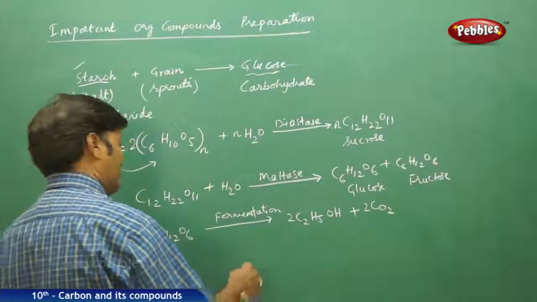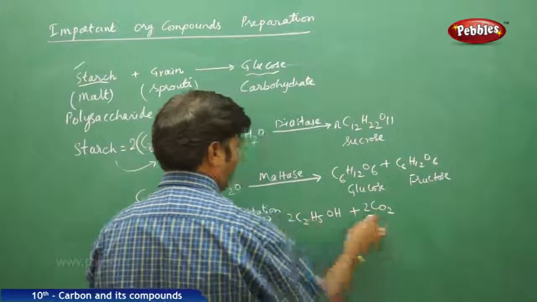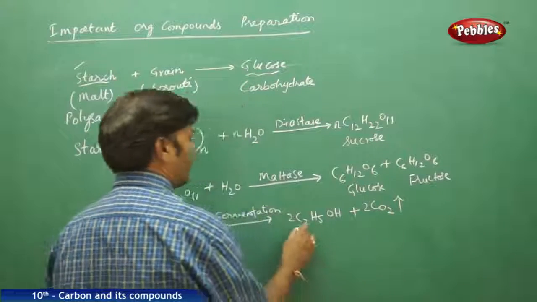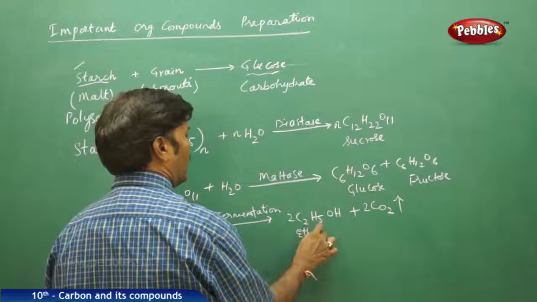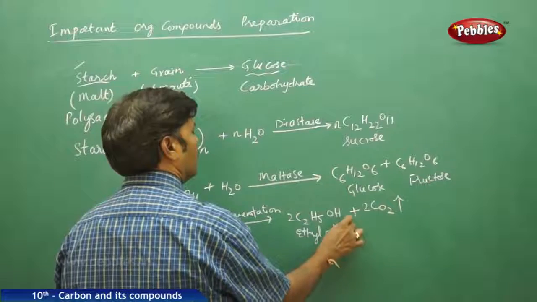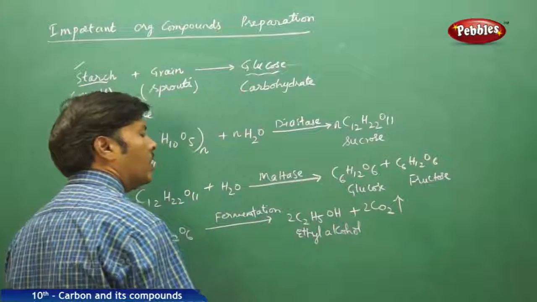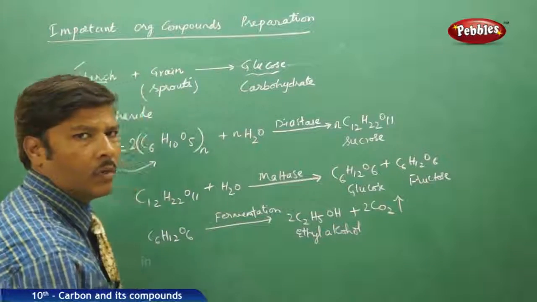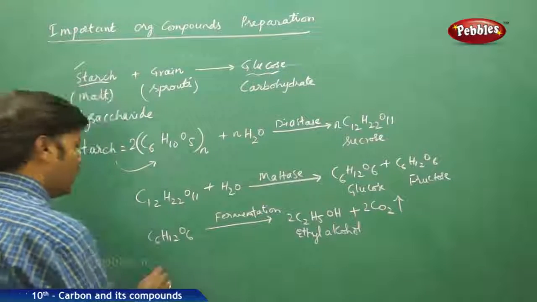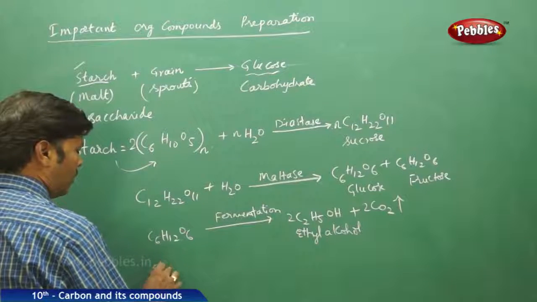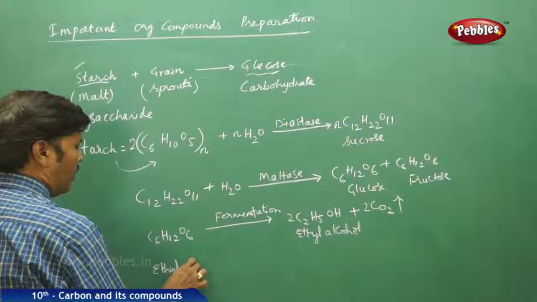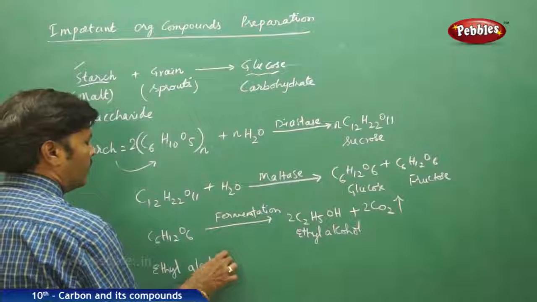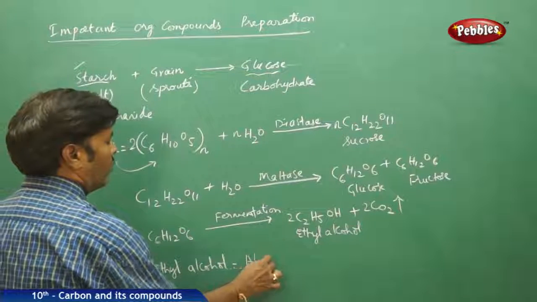Carbon dioxide is the byproduct, and here you got ethyl alcohol. This is a simple method of preparing ethyl alcohol. We also call it absolute alcohol.